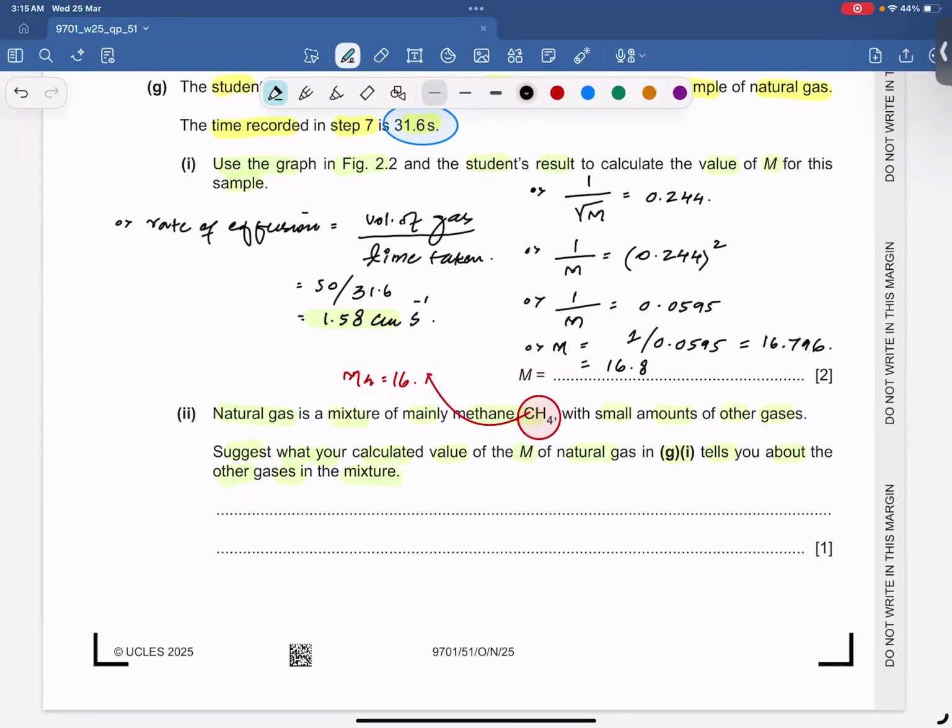So what we can write here is: the calculated value is slightly higher.